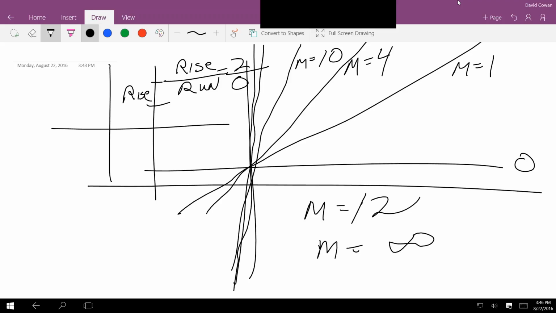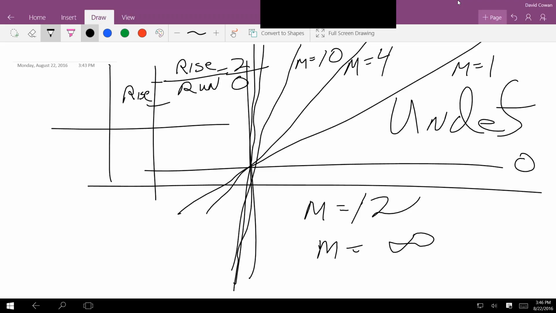Now, in Algebra 2, they're reluctant to say the word infinity. They don't even like you to know the word, so they say undefined. When you get to higher math, they'll use the word infinity. But at this point, they tell you undefined. So undefined means infinity.